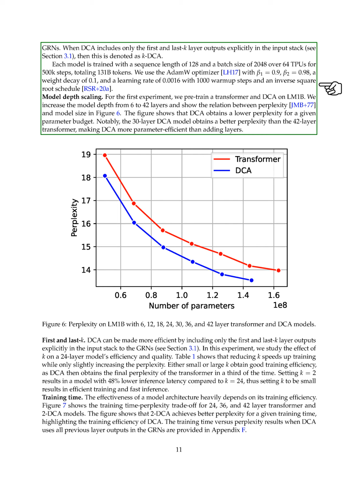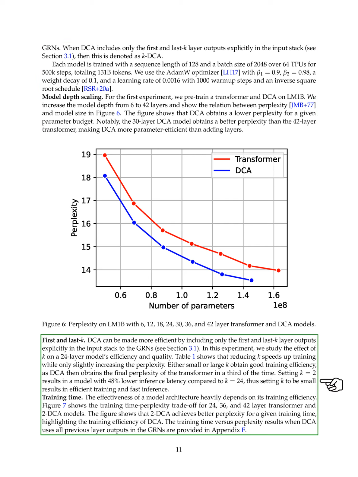In our first experiment, we pre-trained both a transformer and DCA on LM1B, increasing the model depth from 6 to 42 layers. We observe that DCA achieves lower perplexity for a given number of parameters, with the 30-layer DCA model outperforming the 42-layer transformer, indicating that DCA is more parameter efficient.